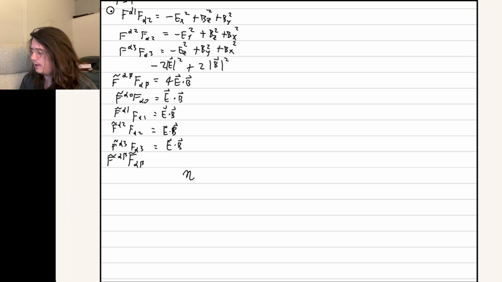So I'm just going to get that first and then do the rest. So F tilde with lower indices αβ, multiplying by the Minkowski metric on both sides to turn it into its non-covariant form.